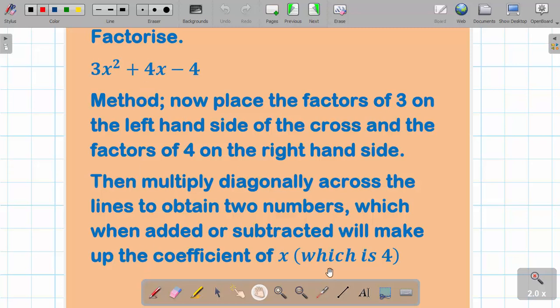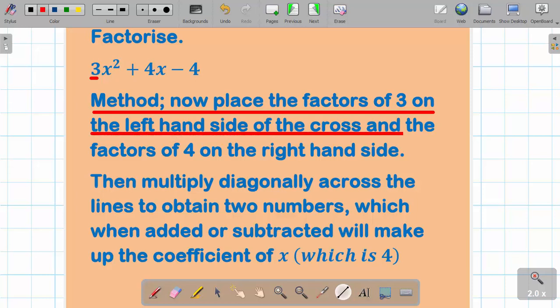Let me say it again. The method says you place the factors of 3 on the left hand side of the cross, this 3 here, and then the factors of 4 on the right hand side, this 4 here.